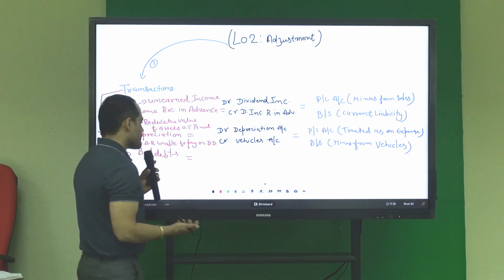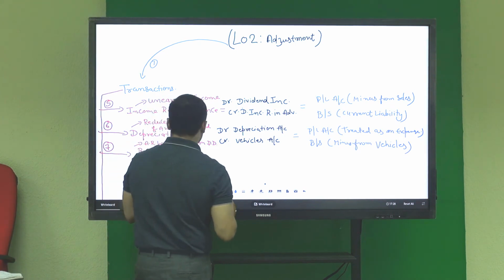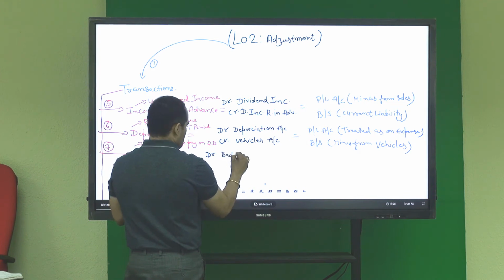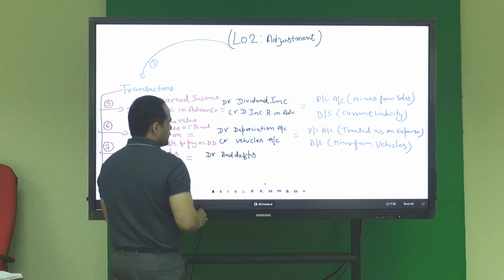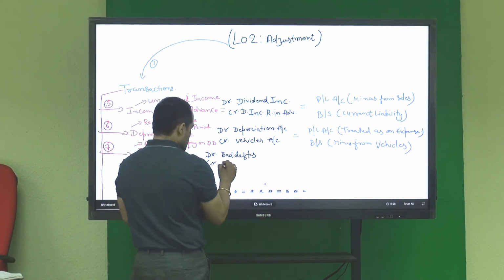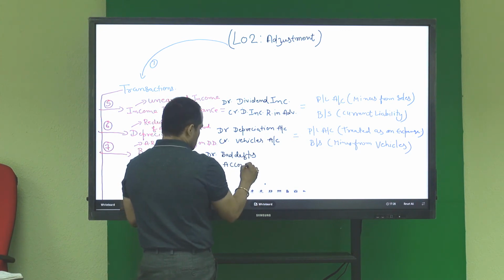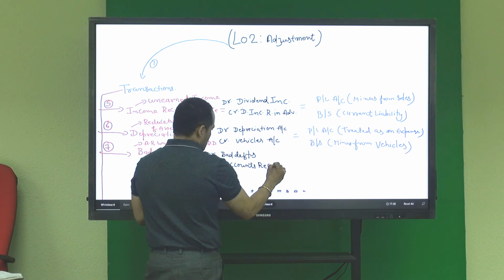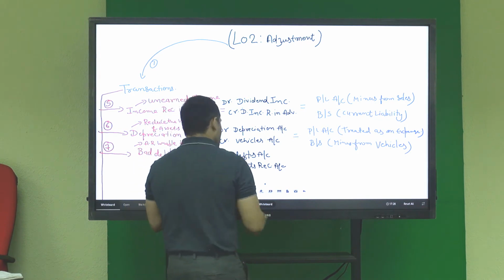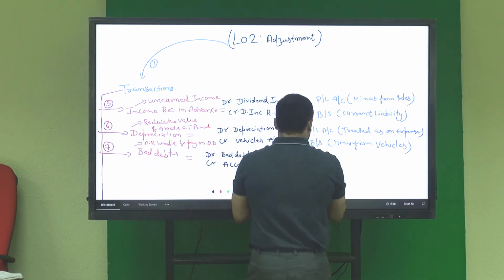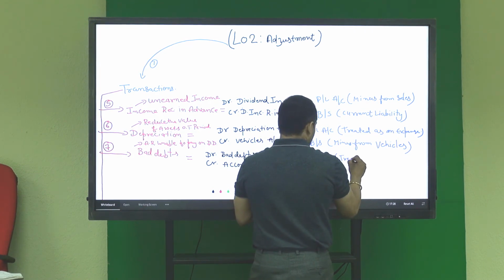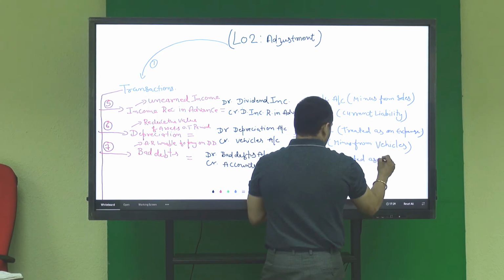So what will be the journal entry? You also know that: debit bad debts, credit accounts receivable account. The treatment in the profit and loss account is that it will be treated as an expense.